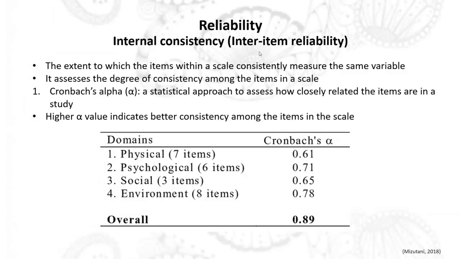Because in content validity, I said if the 10 questions are talking about stress, then the reviewers should agree on these 10 questions, right? And to a certain extent, it's a bit subjective. It cannot give me objective data on whether these 10 questions are related to each other. If these 10 questions are all related to stress, should they be related to one another?